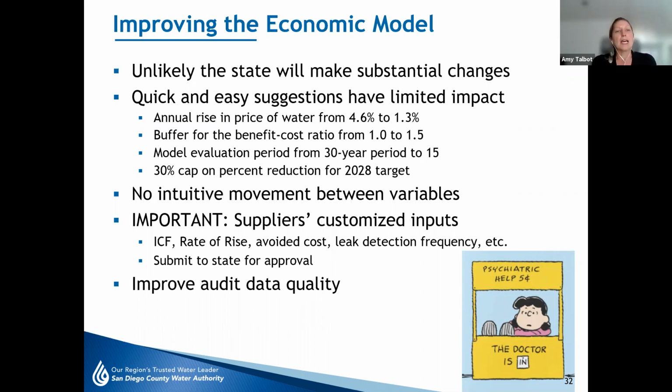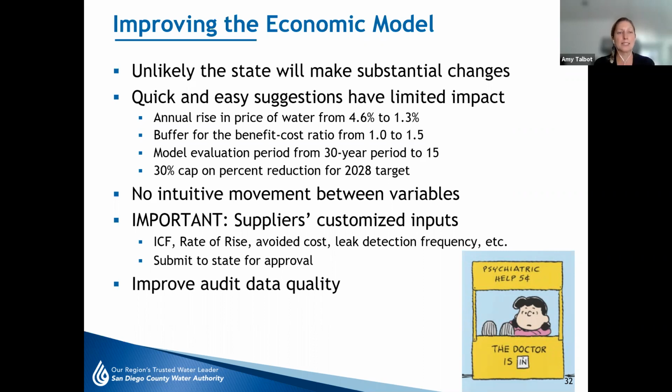And then I think most importantly, the way you can improve the model is to put your own data in and essentially change the dynamics of the model, because you're not relying on the default data, you're relying on your own utilities data that you put together. We know a couple of inputs in particular have increasing impact on the 2028 target.